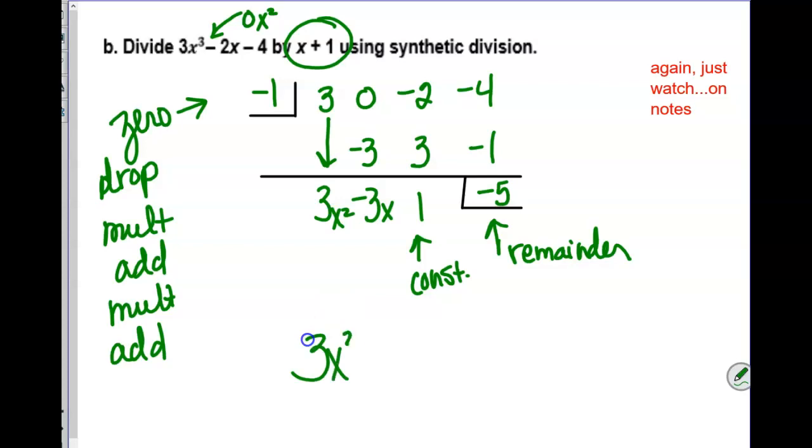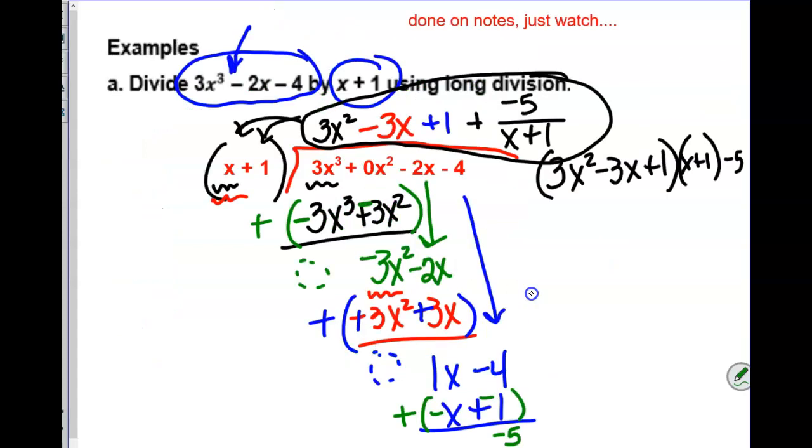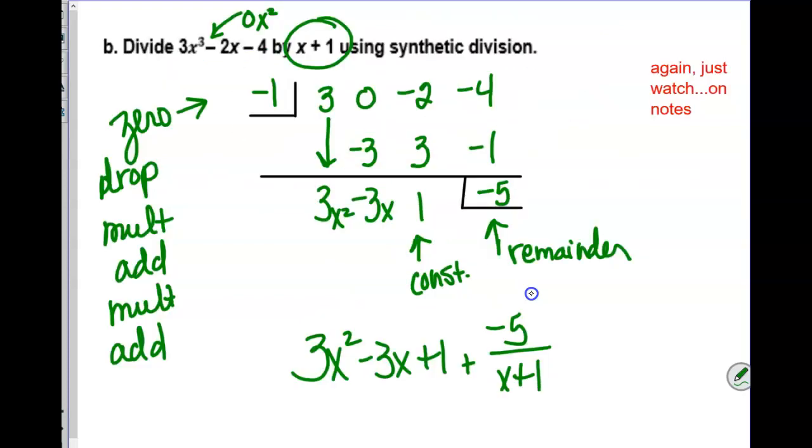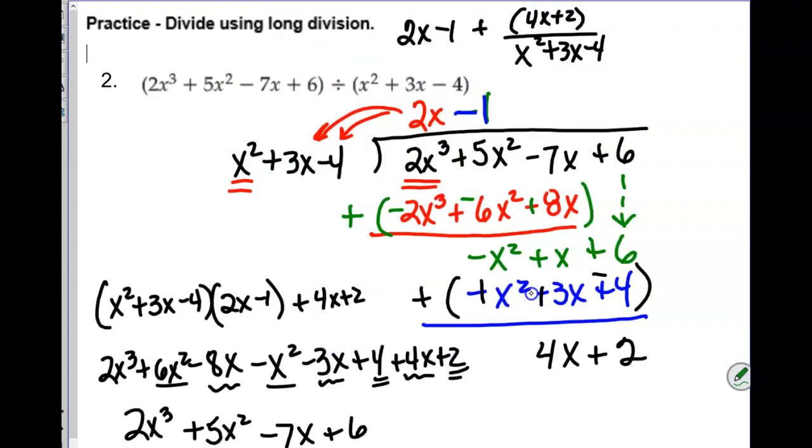So I have a 3x squared minus 3x and a plus 1 with a remainder of negative 5 over the divisor, which was x plus 1. Anybody lost? Is that what we wound up with when we did it the other way? Thank goodness, yes. All right.